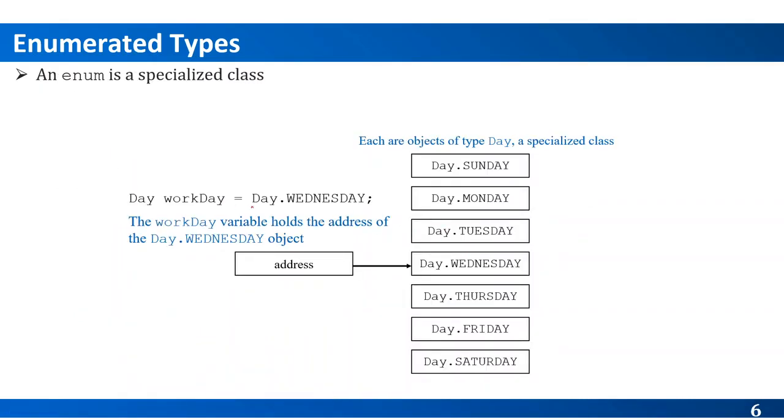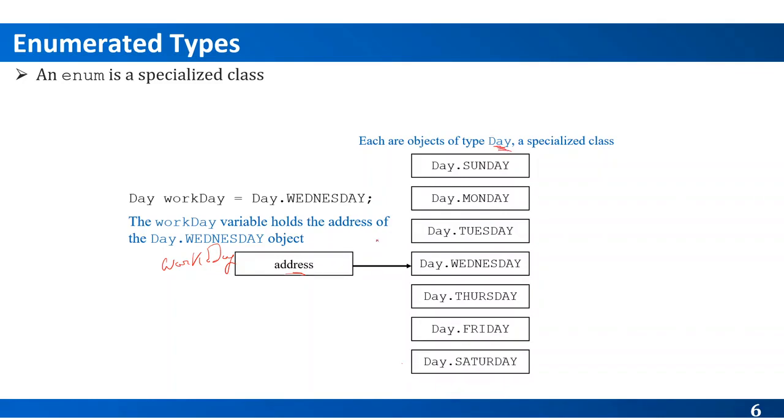All right, so how does that look? This is exactly what's happening in the memory. You have a variable which is going to be called workday. It has an address that is going to point to one of the possible enumerated values defined in this data type that you just declared, which is day.